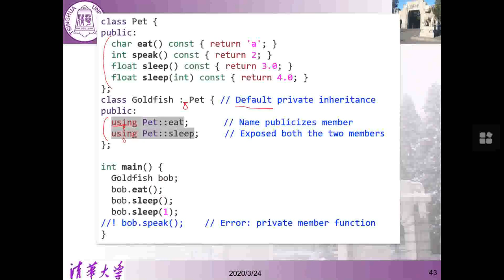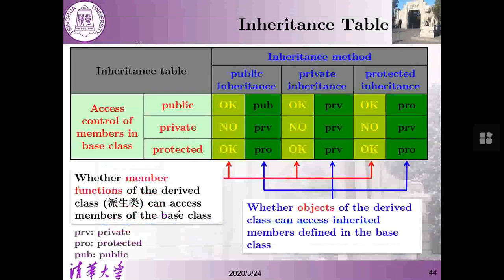So in this way, we can do this by defining this derived object. From the derived object, we can access the interface this way, right? Because speak is not exposed, we cannot access speak. So this is the grammar of private inheritance.